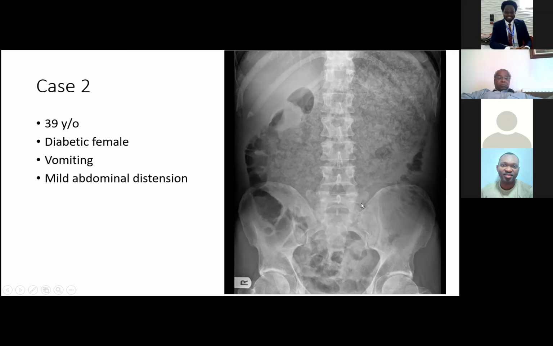And that's clearly very rare, but the top two things to consider in this case would be gastroparesis or gastric outlet obstruction. You can see that the large ball is displaced inferiorly, and this is clearly stomach. And I think once you've established the fact that this is a stomach, then that's half the job done.